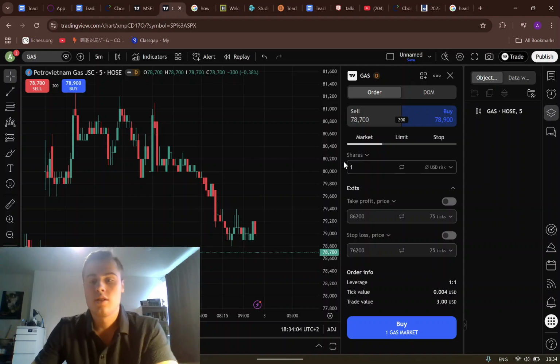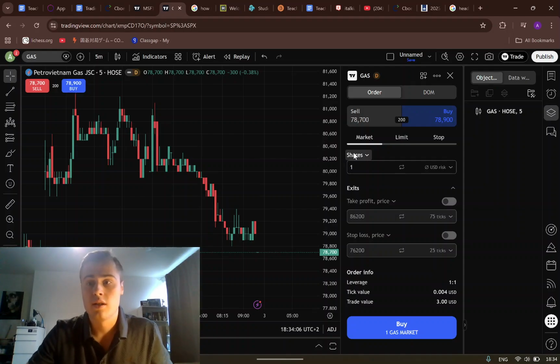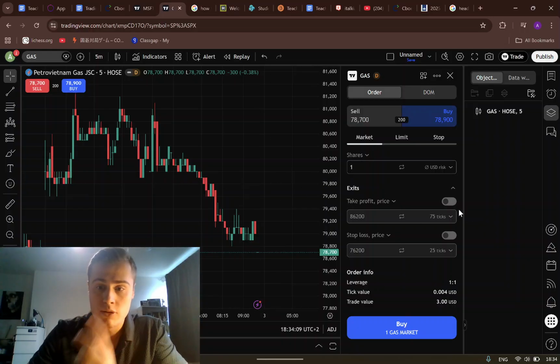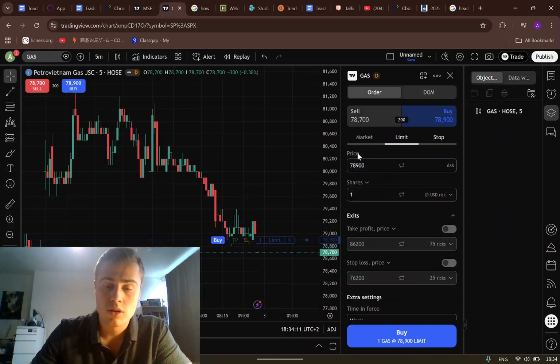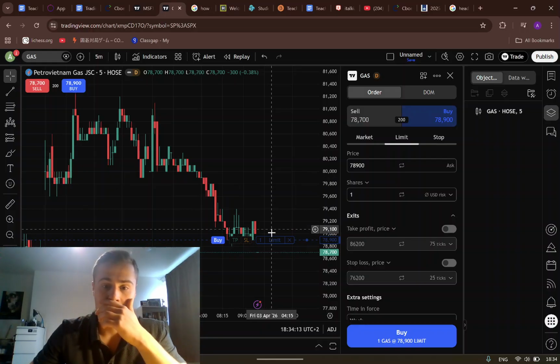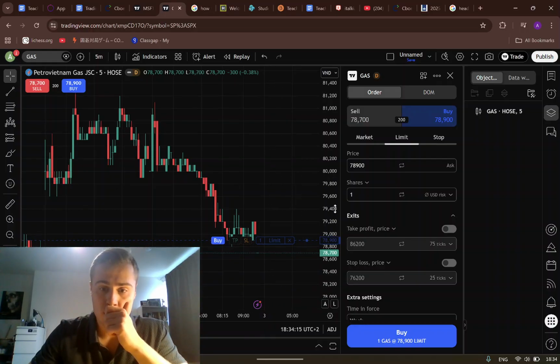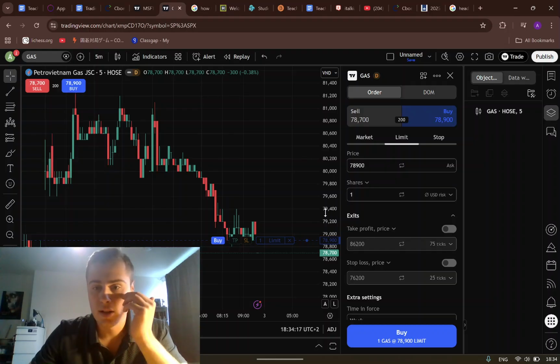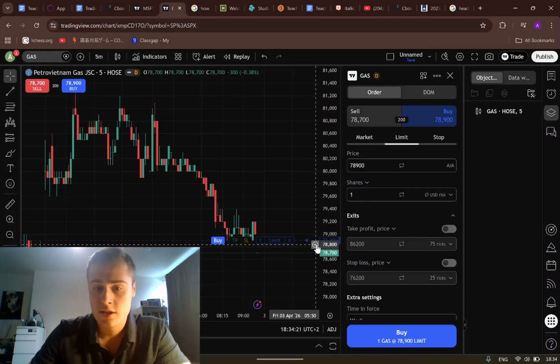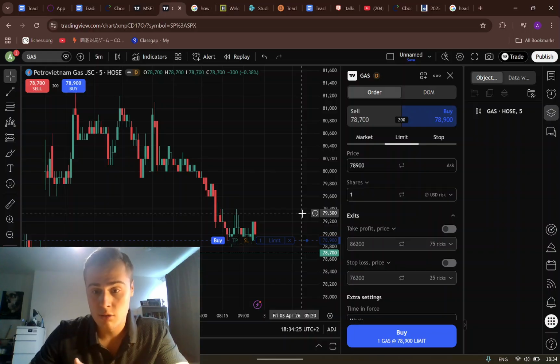Market orders allow us to make a trade instantly at this very point. A limit order shows the limitations. So, for example, if we think that the price will go to 79,000 and then it will go down, we can make a sell limit order, saying that, yeah, okay, price will go there, it will go down afterwards.